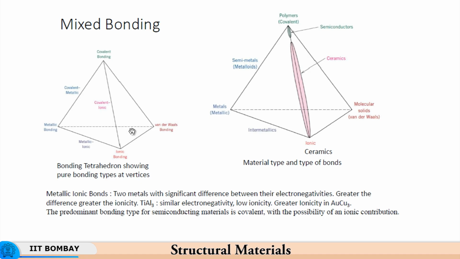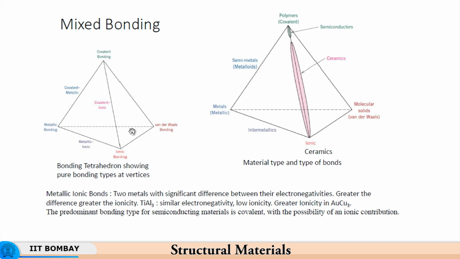In ceramics, you have a wide range of ionicity because ceramics are made from a wide variety of materials having a wide variety of differences between the ionicity of the two participating elements. Semiconductors again have covalent and some ionic, so a small amount of ionicity, and polymers are purely covalent. So practically 100% covalent.